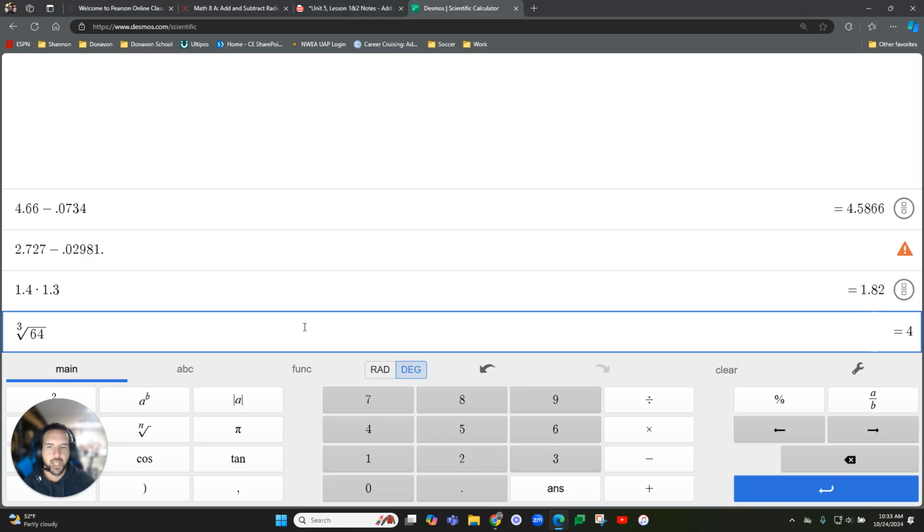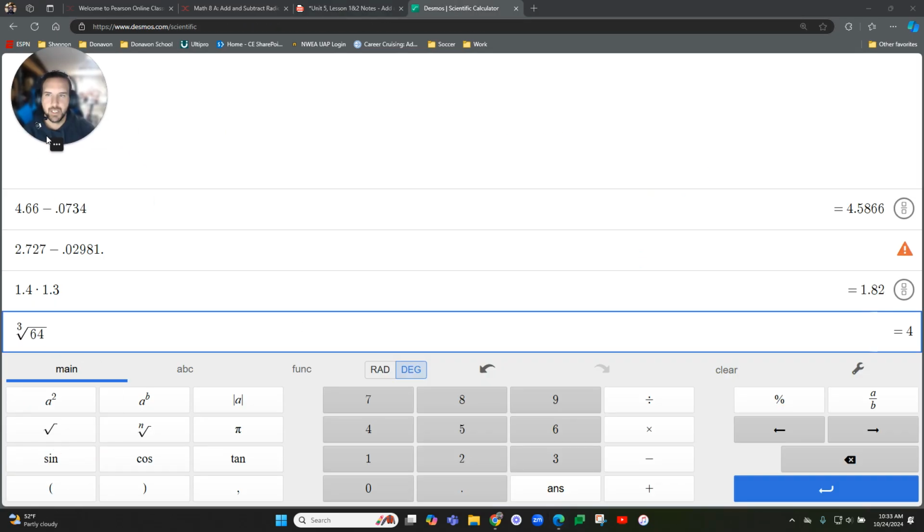And for those of you that don't know how to do this on a calculator, we'll go ahead and show you. I'm going to move some things around here on my screen. I did this a little bit earlier, but we'll delete it so we can see it again. If we're doing anything other than a square root, this button is the automatic square root. Technically, I could also do a square root using this by putting a 2 there for the index. That's called the index. But let's do a third root here of 64.